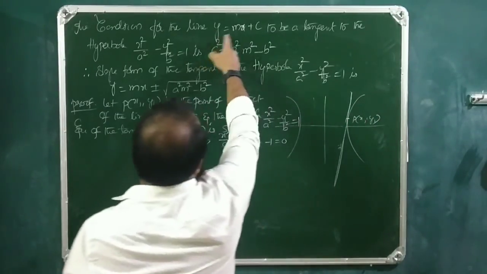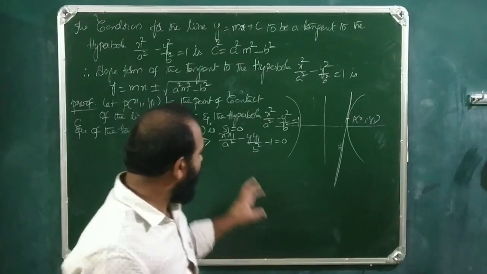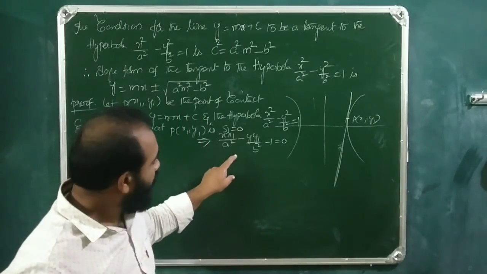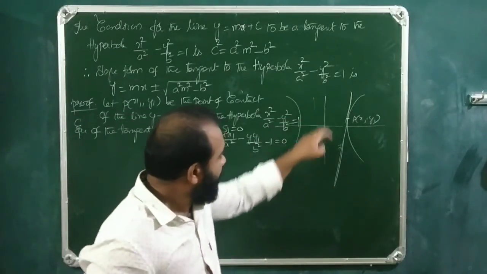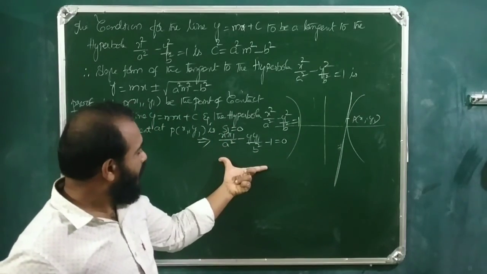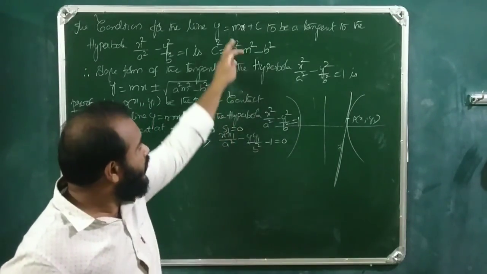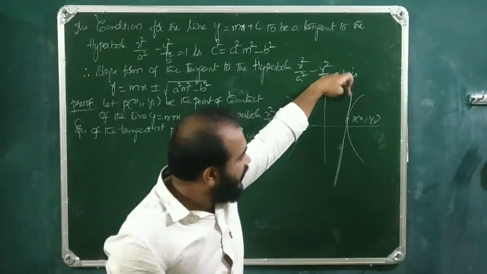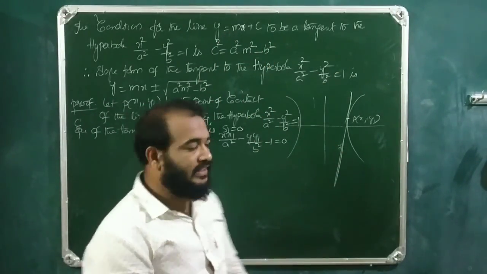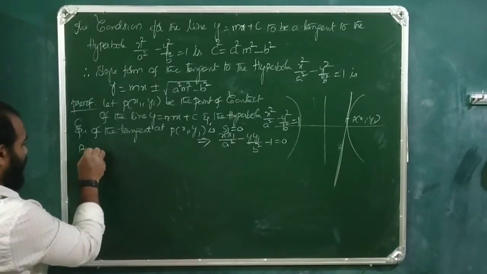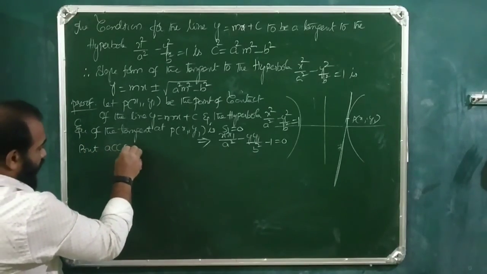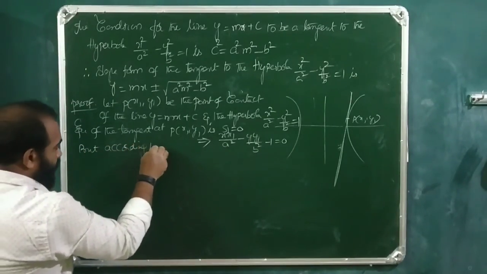Now, according to the question, the same line is y is equals to mx plus c. So according to this, the line is xx1 by a square minus yy1 by b square minus 1 equals to 0, but according to the question, the same line is y is equals to mx plus c.